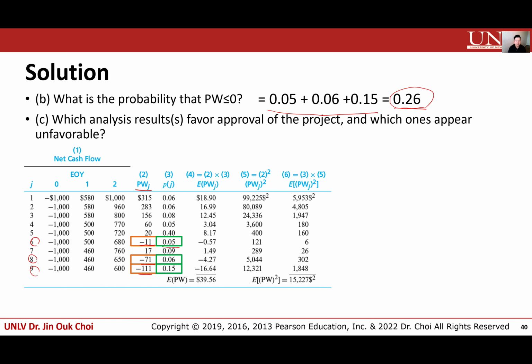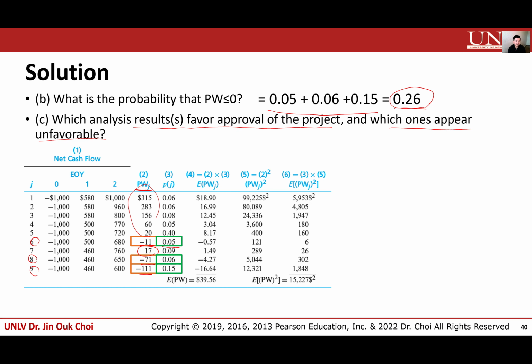And then the next question: which analysis results favor approval of the project, and which ones appear unfavorable? Definitely the ones that give us positive results are the favorable results, and the ones that are negative are unfavorable.